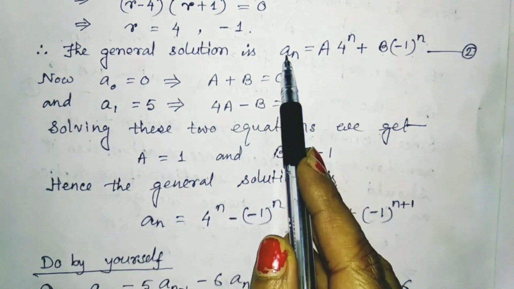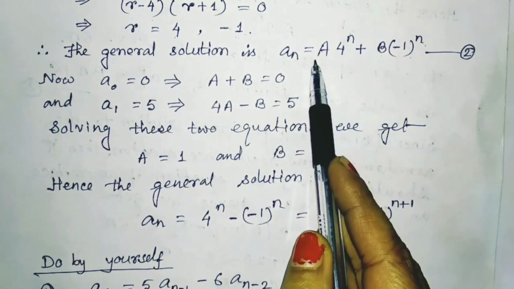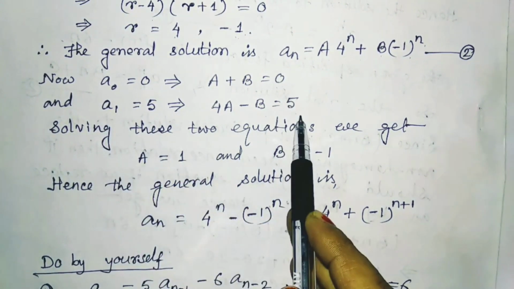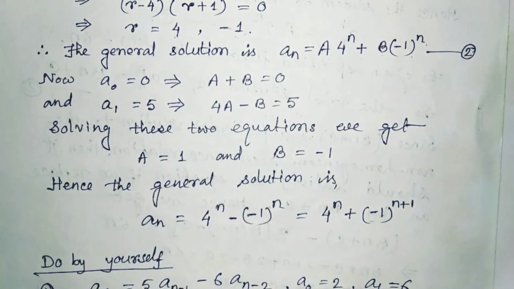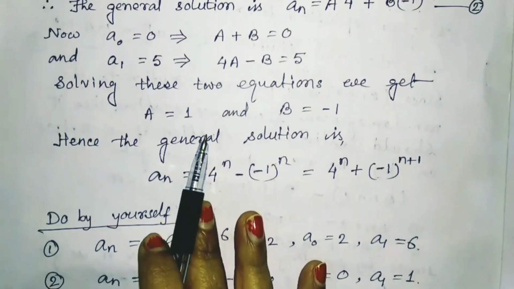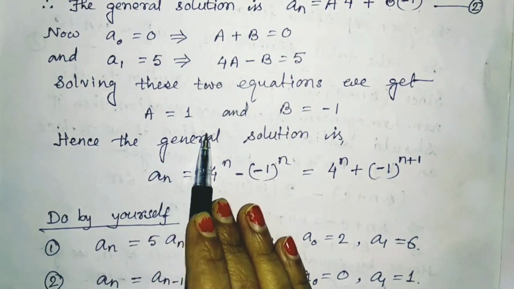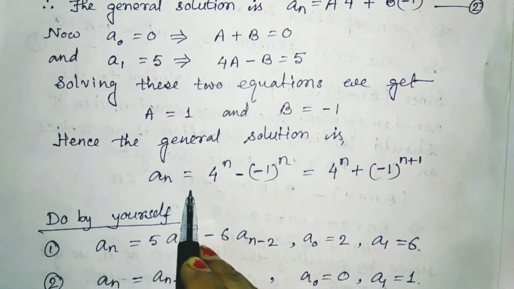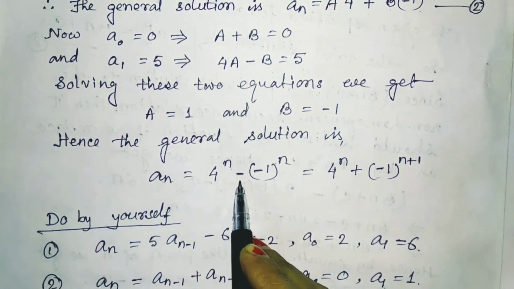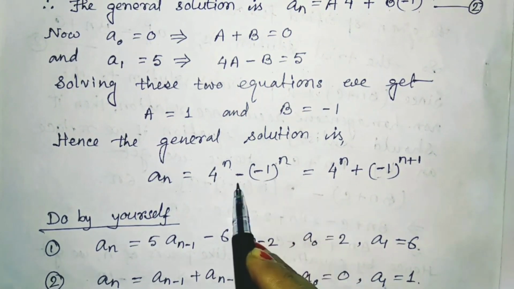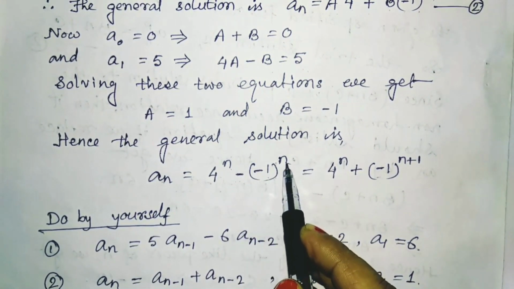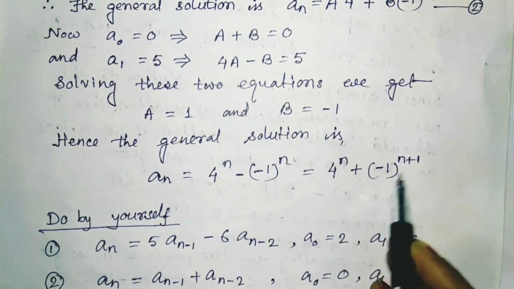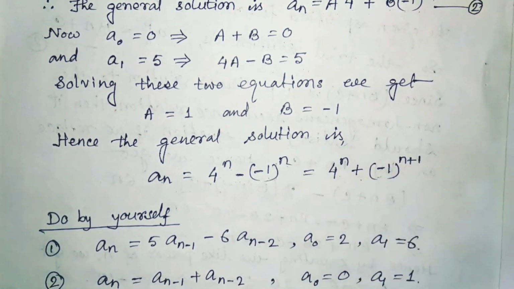Now when n is equal to 1, we get 4a minus b is equal to 5 as a1 is equal to 5. Solving these two equations, we find a is equal to 1 and b is equal to minus 1. Hence the complete solution is an is equal to 4 to the power n minus of minus 1 to the power n. As it is minus of minus 1 to the power n, we can write it as 4 to the power n plus minus 1 to the power n minus 1.